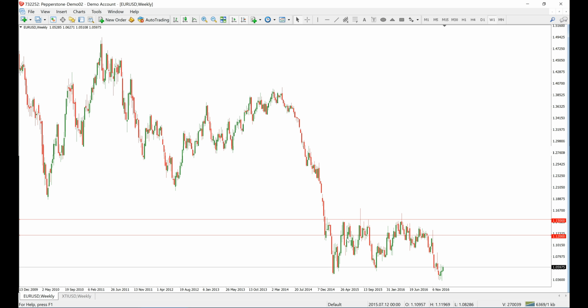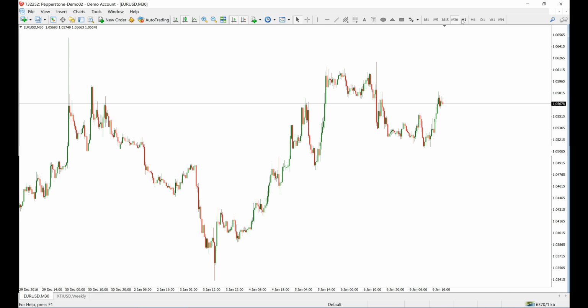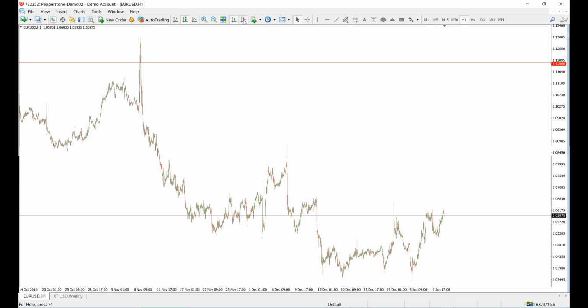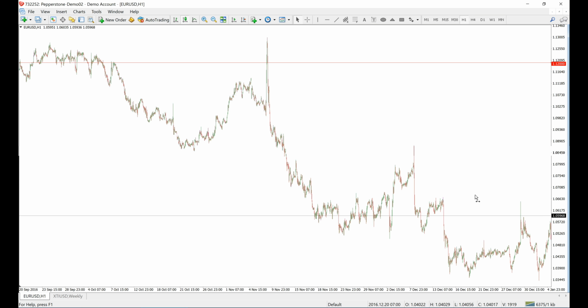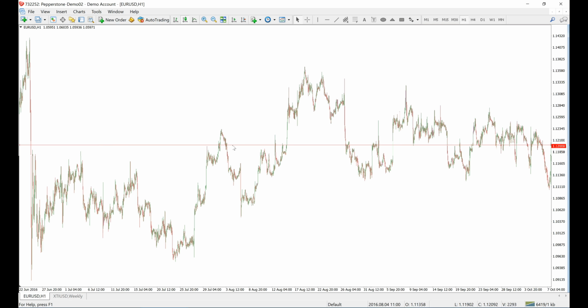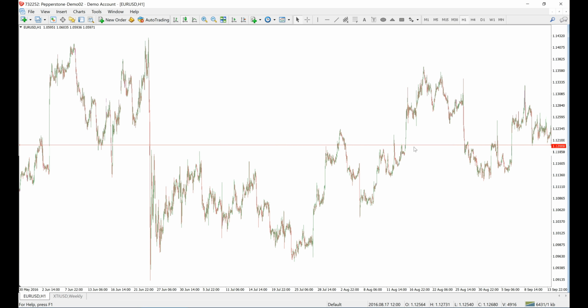You'll see that around these areas price had more struggle. You can see it in the past. So these areas are good areas to try to trade with.